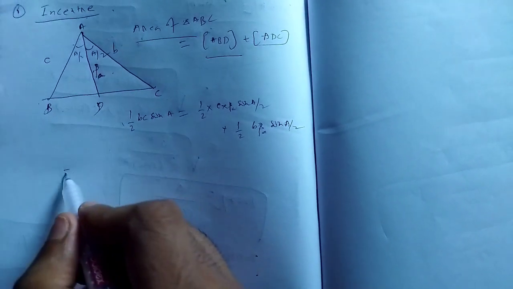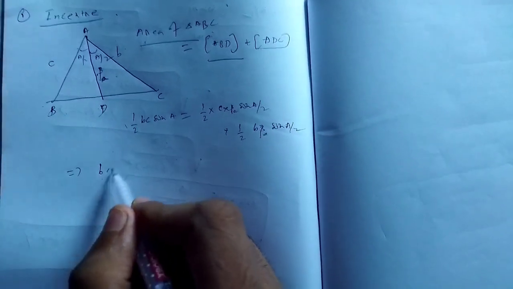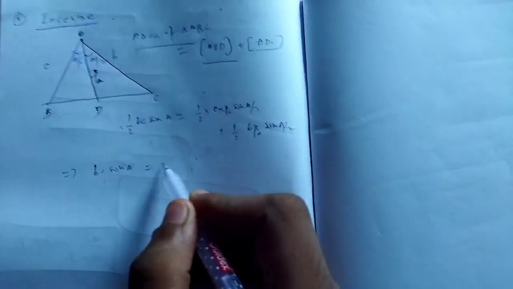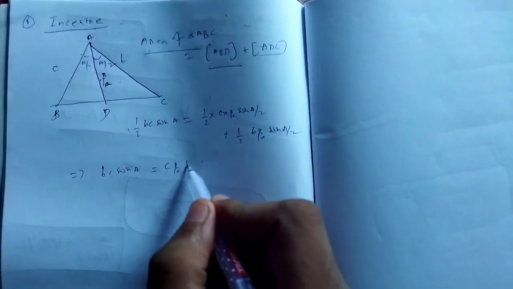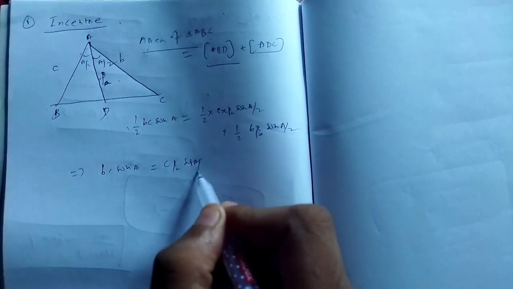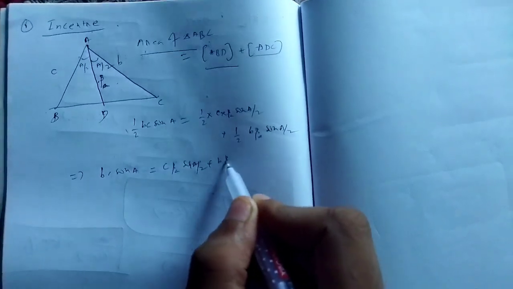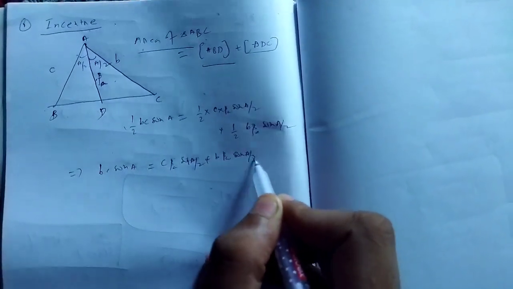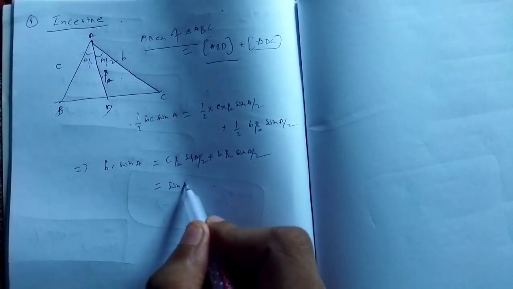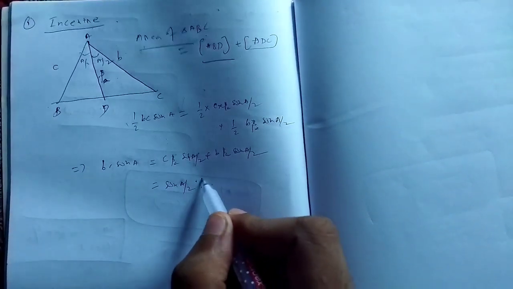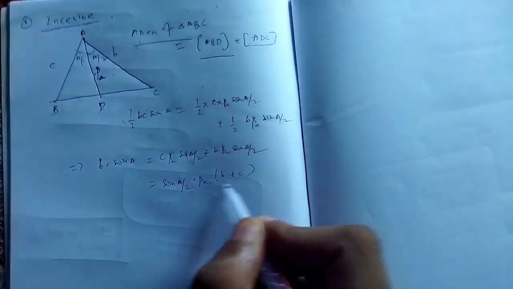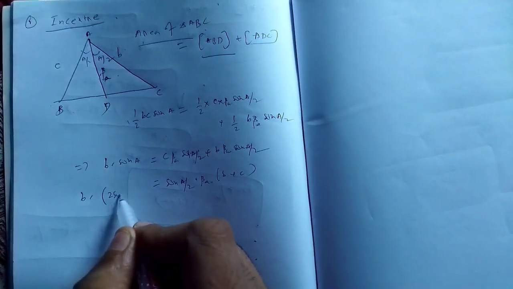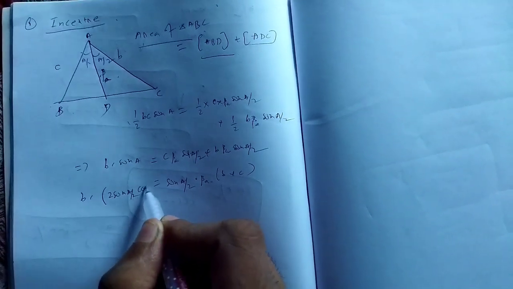So BC sin A equals sin A by 2 times beta A into B plus C. And BC sin A is BC into 2 sin A by 2 cos A by 2.